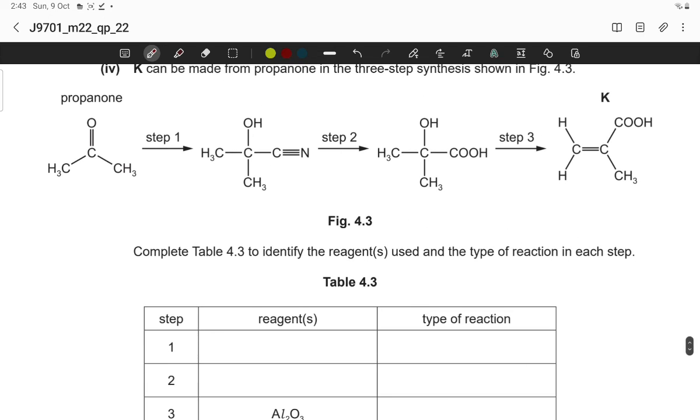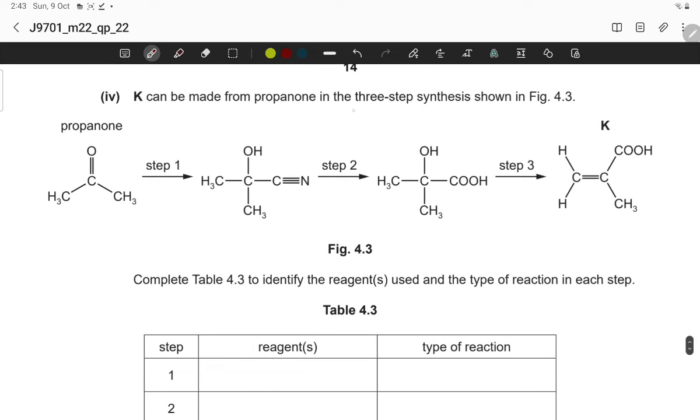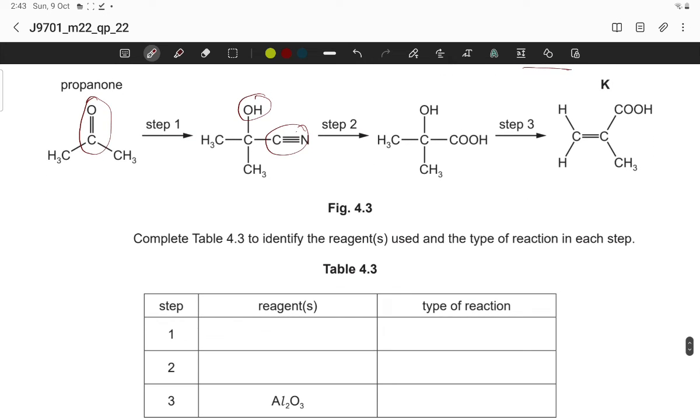Part 4, K can be made from propanol in the three-step synthesis shown in figure 4.3. In step 1 this is a ketone group, and an OH group and a C≡N cyanide group are formed. Complete 4.3 to identify the reagents used and the type of reaction in each step.